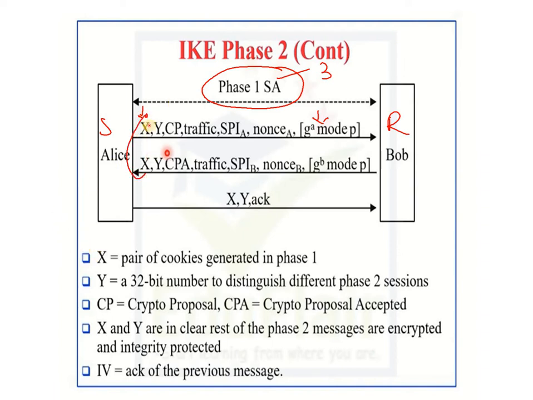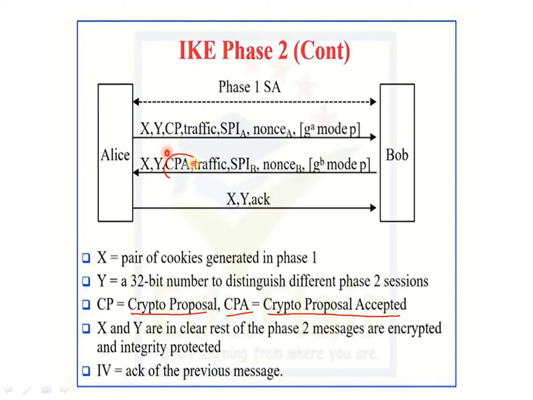So here this X cookie is generated. Y is the 32-bit number which distinguishes the phase 2 sessions. CP is the crypto proposal, and CPA is the crypto proposal accepted.